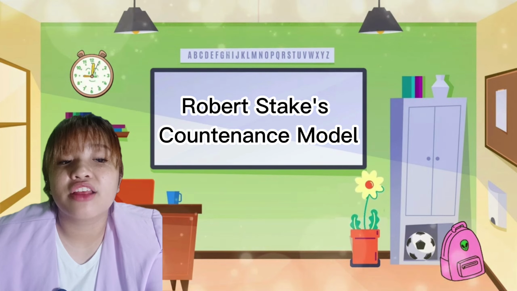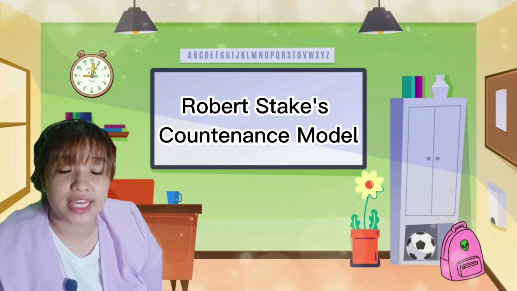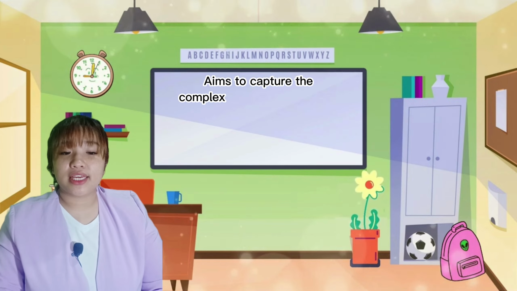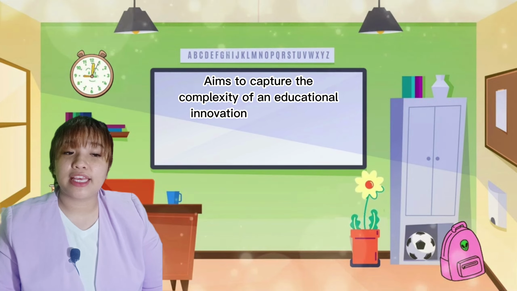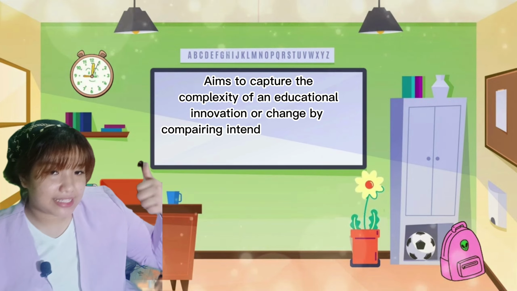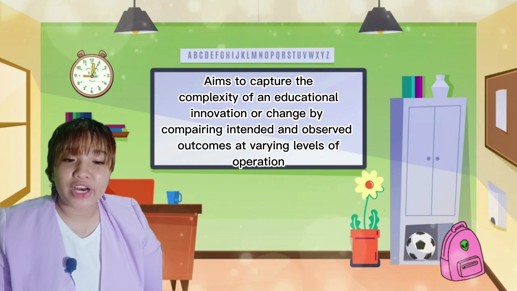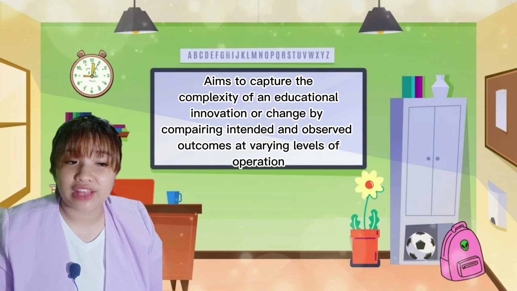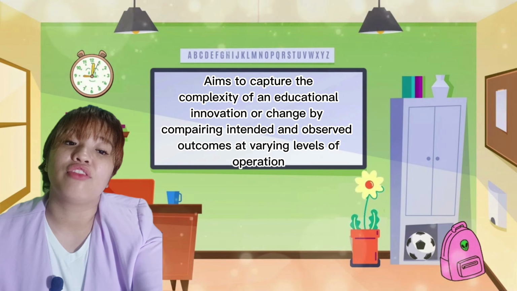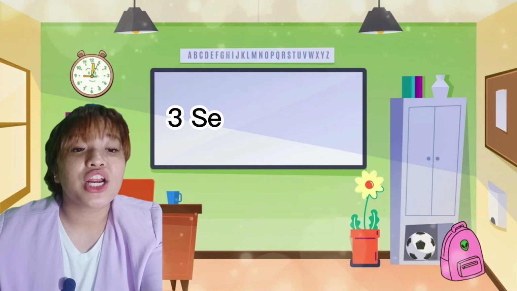We also have the Robert Stake countenance model. It was originally formulated for curriculum studies in the late 1960s. The countenance model aims to capture the complexity of an educational innovation or change by comparing intended and observed outcomes at varying levels of operation. So there are three sets of data.